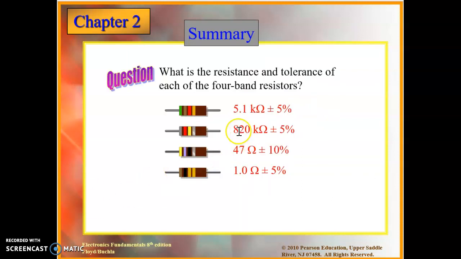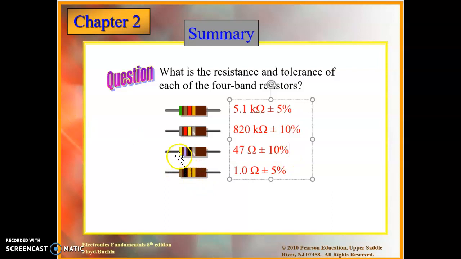So here we will have 82 and 4 zeros, but they are putting 10 and then they're using the K, which is equivalent to 3 zeros. Here is a typo. This should be 10% because we are using silver, so silver is 10%.